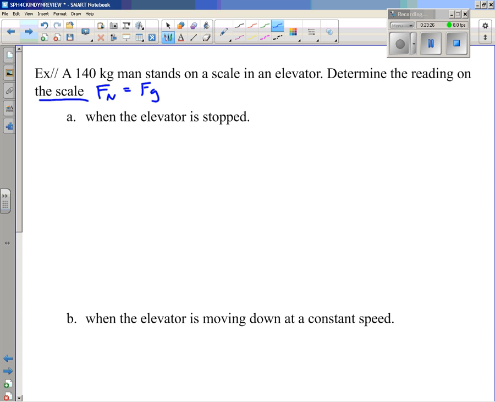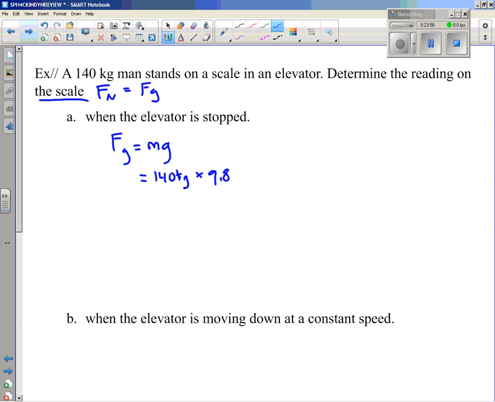Now that's in what's called inertial frames of reference. So if this elevator is accelerating up or down, then that little equation is not going to work. But if the elevator stopped, well then absolutely. You're just going to feel your normal weight, which is Fg equals mg, which is 140 kilograms. That's a big guy. That's about 300 pounds.